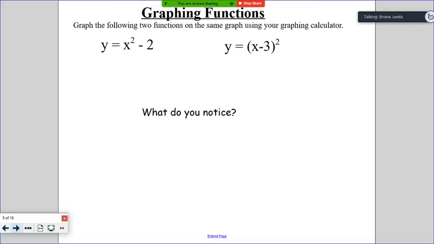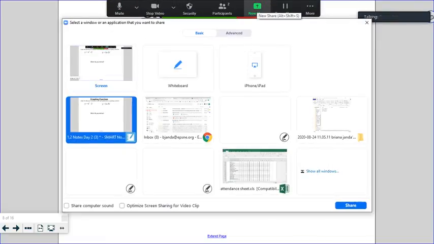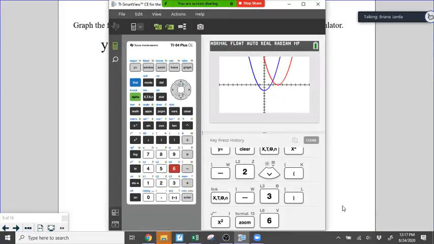Let me see if I can switch my share here to my calculator. Why is my calculator not showing up? There it is. Okay. So I did that, and again, I have that color calculator, so it's easy for me to type those in.